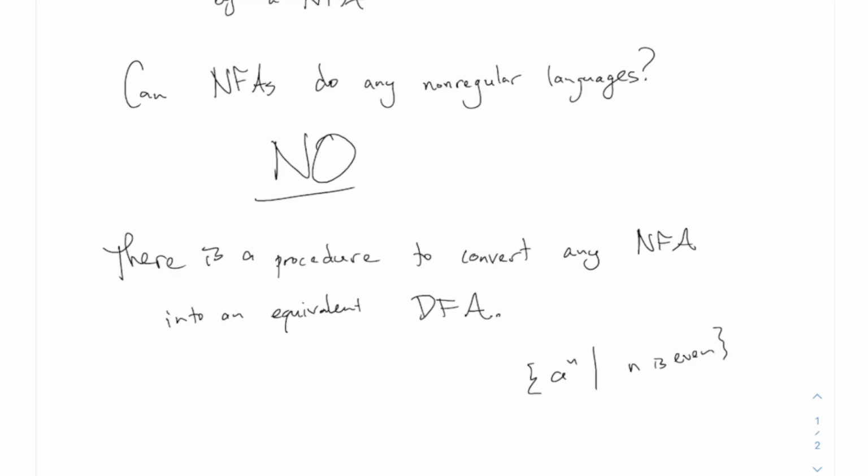That actually is not something that we're going to talk about this semester. I think people tend not to talk about that because it doesn't correspond to machines that you can build in reality, because a real-life machine cannot have infinitely many possible states.